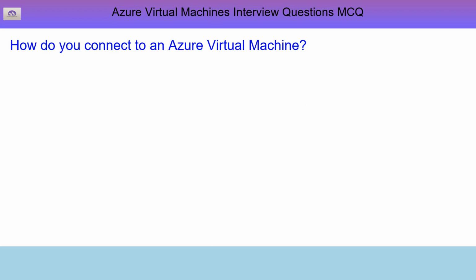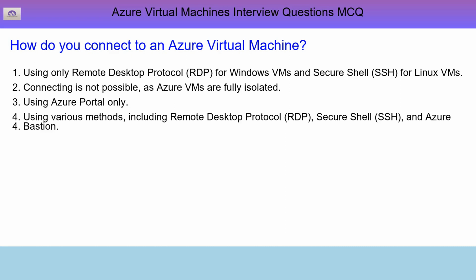applications. How do you connect to an Azure Virtual Machine? Here are your options. 1. Using only Remote Desktop Protocol, RDP, for Windows VMs and Secure Shell, SSH, for Linux VMs. 2. Connecting is not possible, as Azure VMs are fully isolated. 3. Using Azure Portal only. 4.